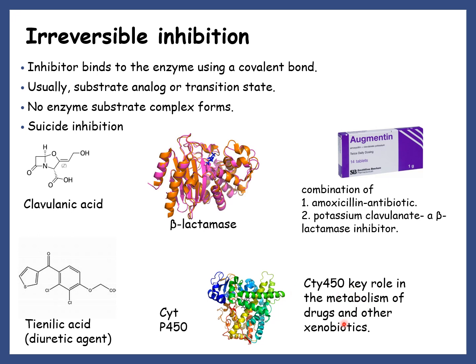This cytochrome P450 is a key enzyme involved in drug metabolism and xenobiotic metabolism. So this drug needed to be retracted from the market because it was causing a lot of side effects by inhibiting cytochrome P450, which is needed for the body to function normally.